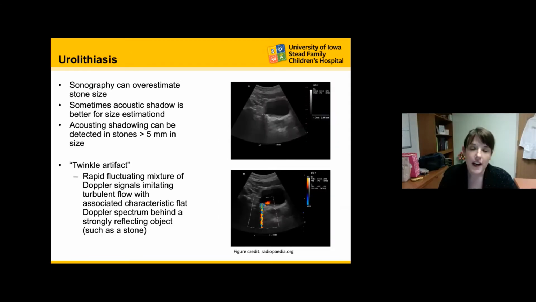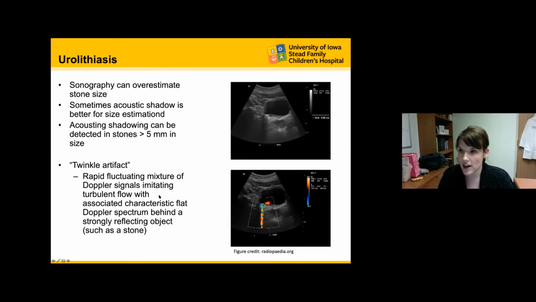Okay. Very briefly, there can be whole lectures on ultrasound looking for stones, but we often start with renal sonograms to diagnose stone disease in kids rather than CT scans. Some important things to remember when using ultrasound for stone diagnosis is that sonograms can often overestimate stone size.